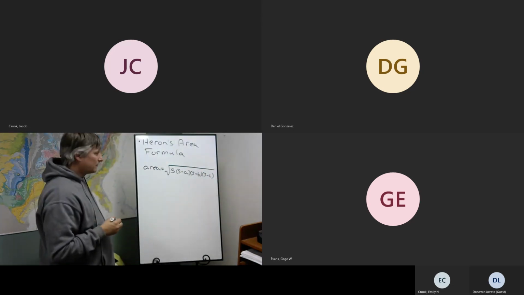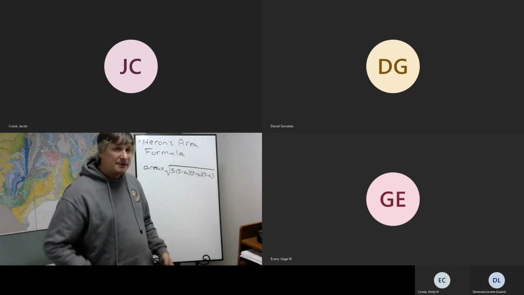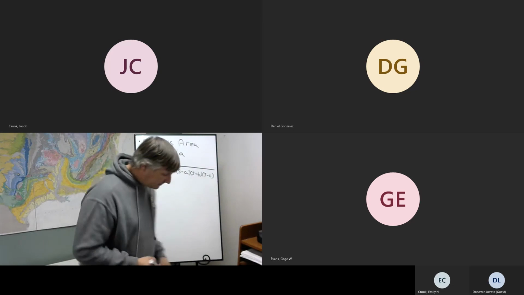This is Heron's formula. So what we have are the sides of a triangle, A, B, and C. And then this thing S. Now S has a particular definition.